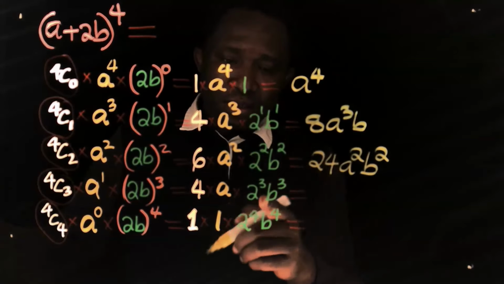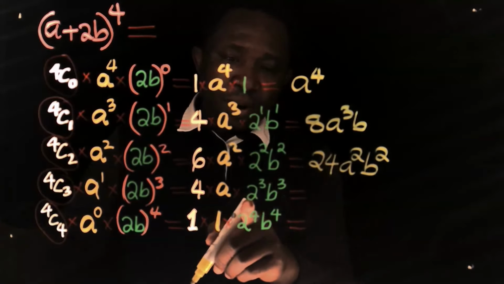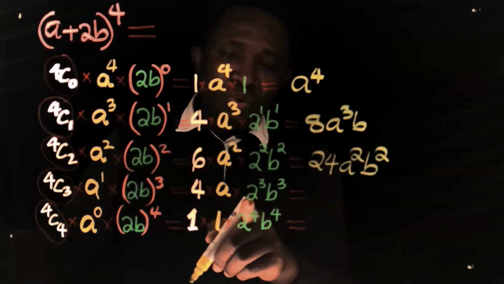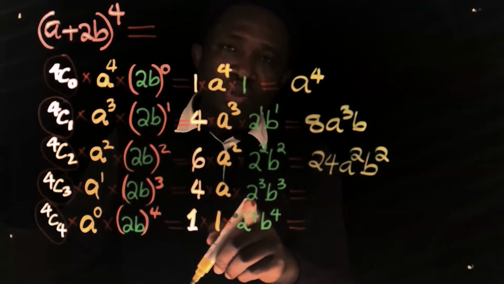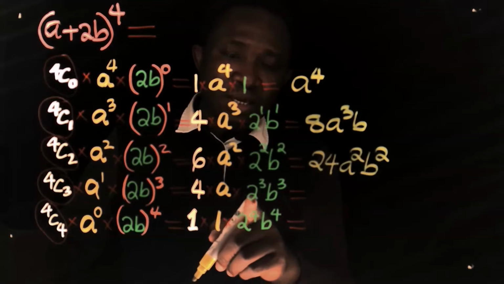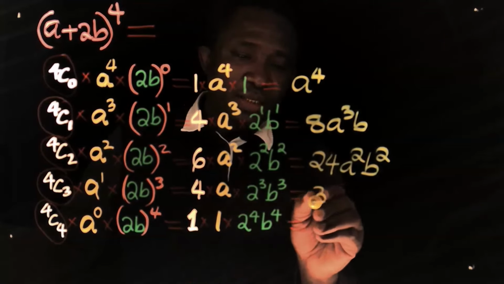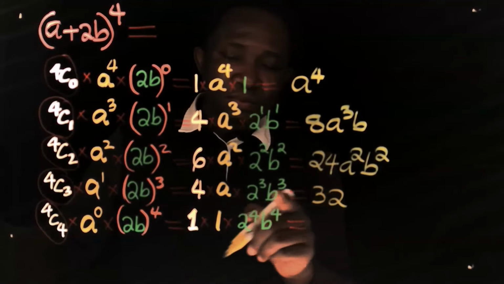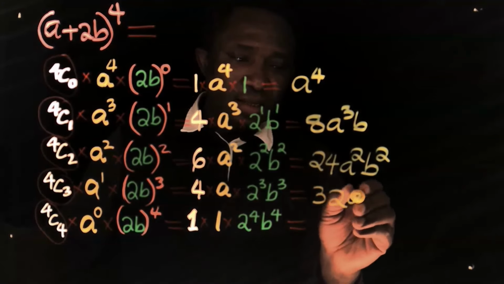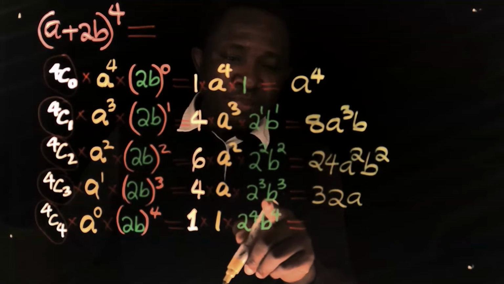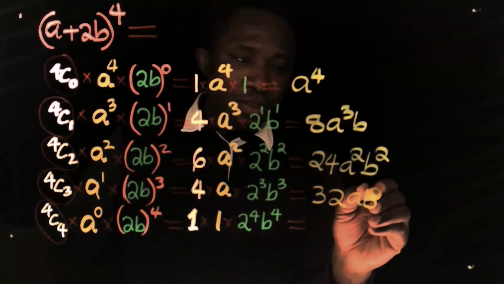Next, this is 2 to the power of 3, which is 2 times 2 times 2, and it's going to give you 8. 8 multiplied by 4, you're going to get 32. And this is a, and this is b to the power of 3.